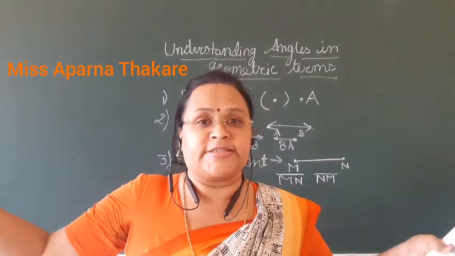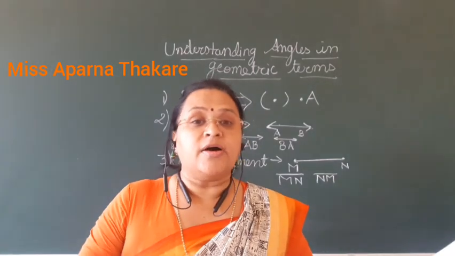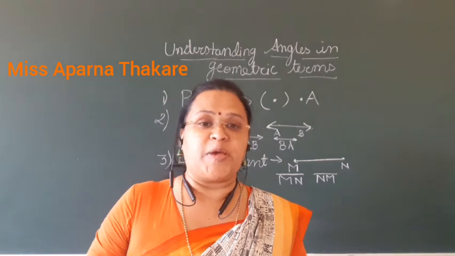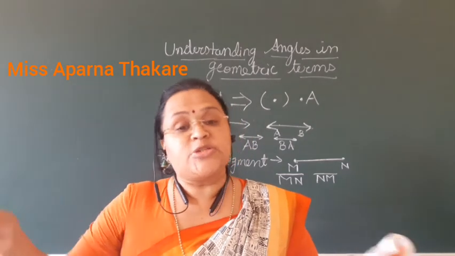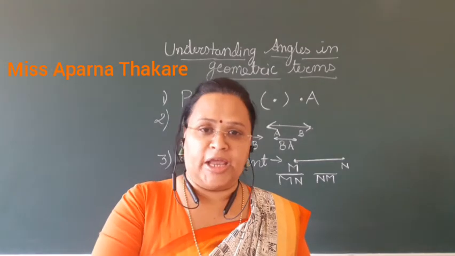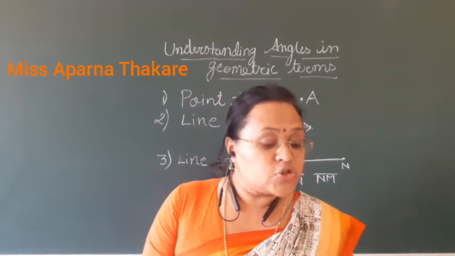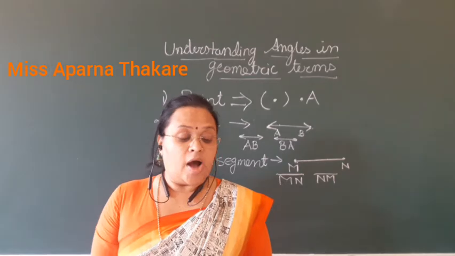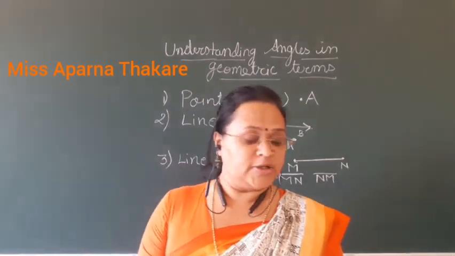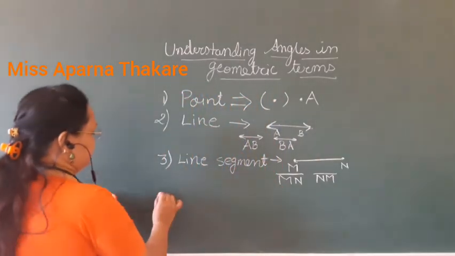It is not endless. There is a specific space, and we play only within that space. So a line segment is a part of a line, and it has two end points. Got it?